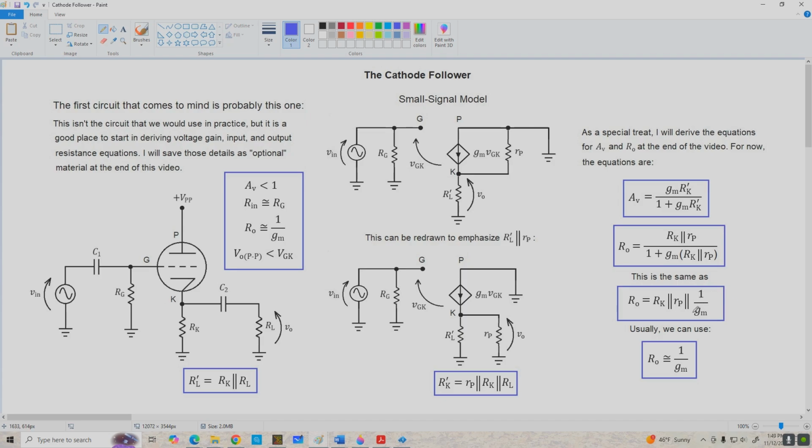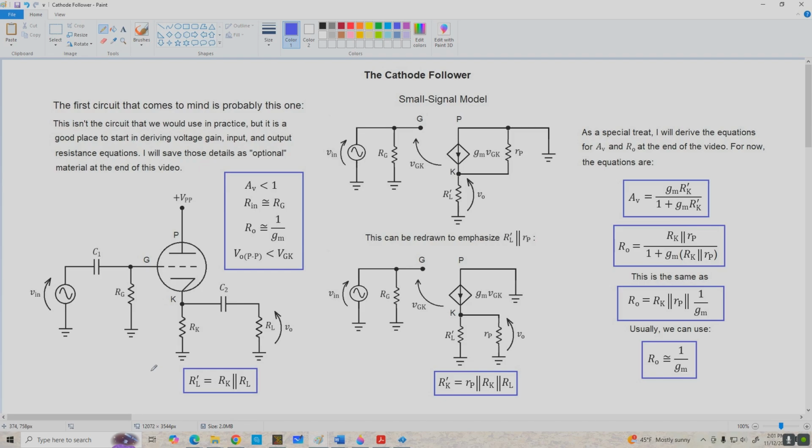We've seen this previously with field effect transistors in the source follower circuits also. Now finally, if RK and little rp are relatively large compared to 1 over gm, we can approximate the output resistance as being 1 over gm, and very often that's good enough.